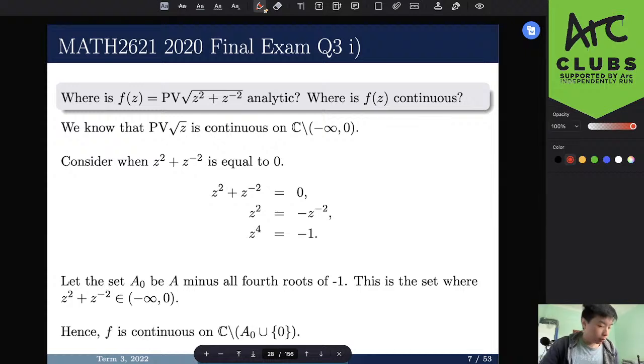So we know that f is continuous. So f is continuous on the complex plane, not including A0 and not including 0.